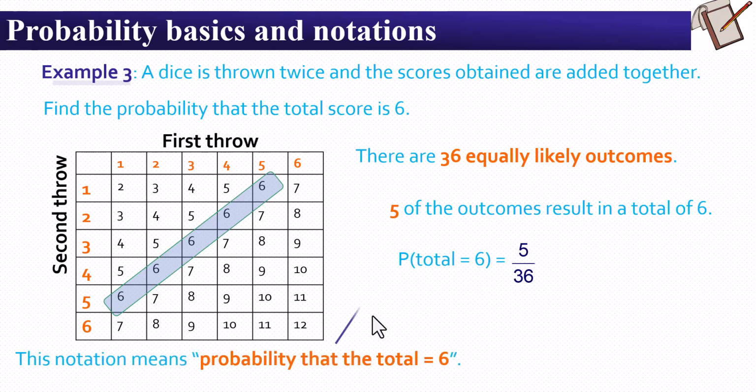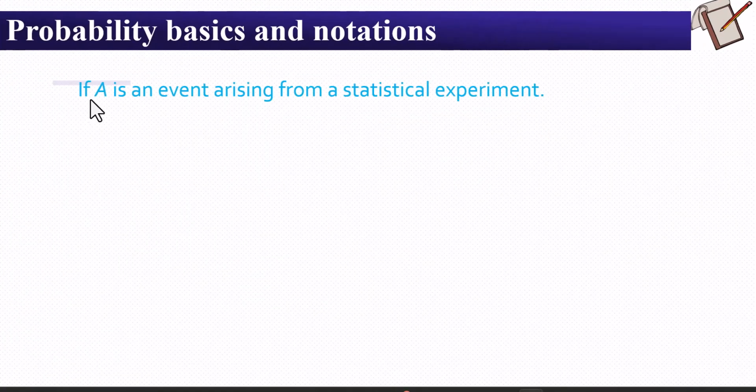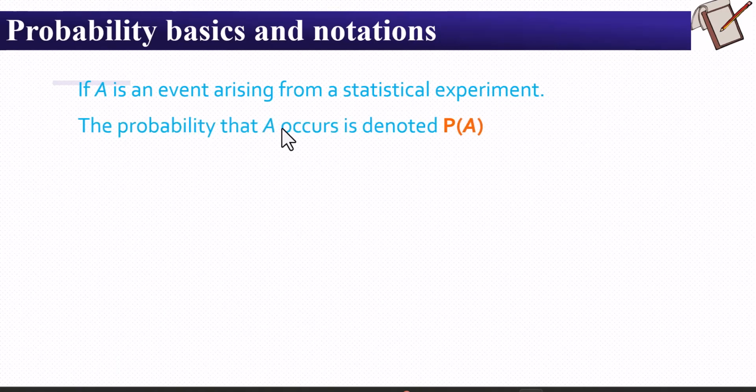This notation here means probability that the total is equal to 6. You should always define it before you use it, because this is not a universal thing. Next we have, if A is an event arising from a statistical experiment, then the probability that A occurs is denoted by P of A, where this probability will lie between 0 and 1.